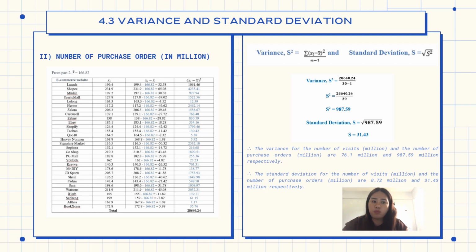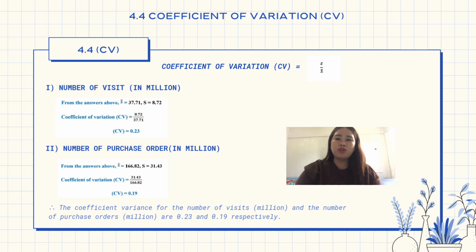The last but not least of part 4 is the coefficient of variation, CV. The formula for the coefficient of variation is S over x bar. x bar refers to the mean from part 2, while S refers to the final answer of the standard deviation.